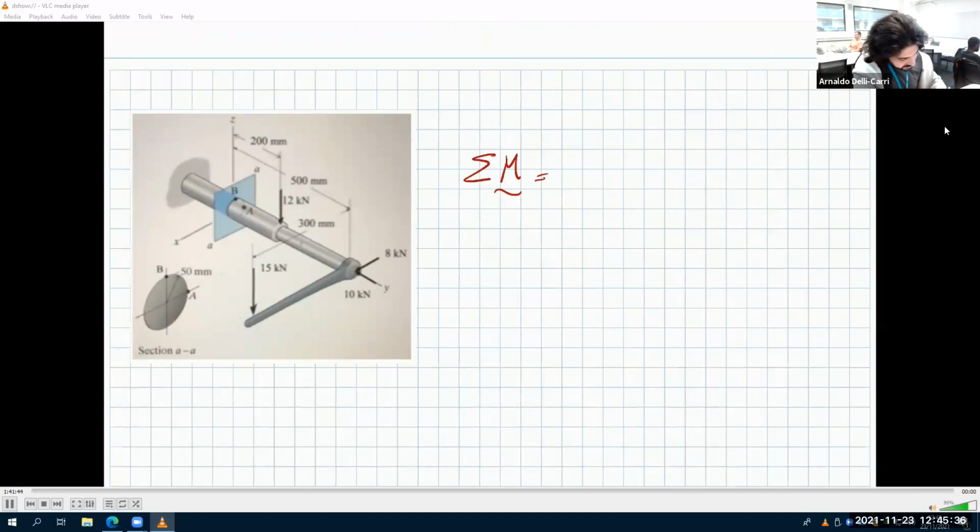Let's call these F1, F2, F3, and F4. This vector from this section is R1, this is R2, and this is R3.